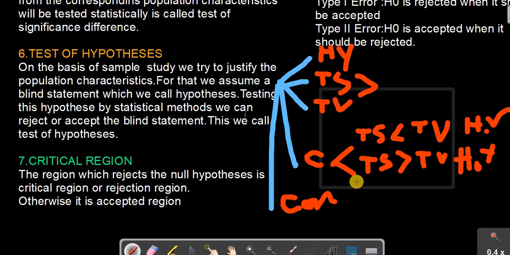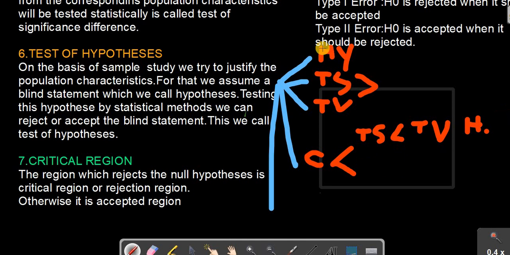If the test statistic value is greater than the tabular value, then H0 is not accepted but rejected. The last step is the conclusion: if the test statistic value is less than the tabular value, then H0 is accepted, and if it is greater, then H0 is rejected. So these 5 steps are called the test of hypothesis.